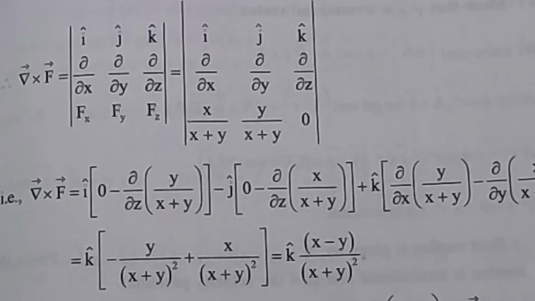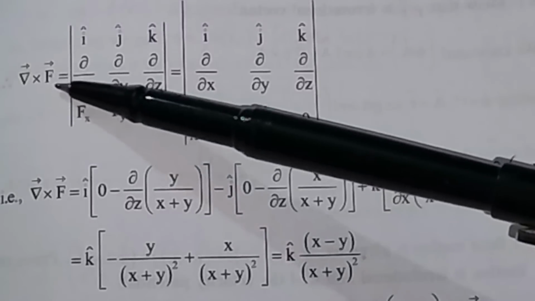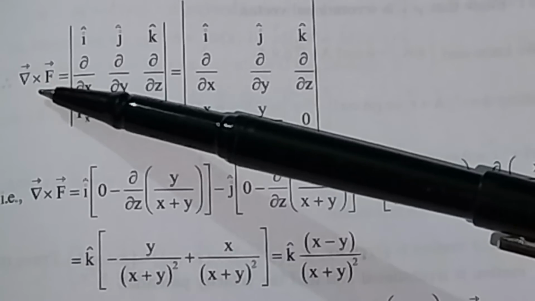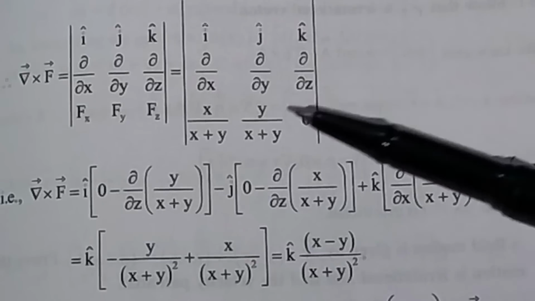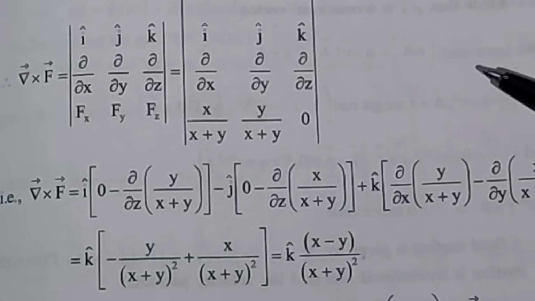To find the curl of the vector, we have to take the cross product of the del operator with the vector f, and we know the del operator is given by i cap partial derivative with respect to x plus j cap partial derivative with respect to y plus k cap partial derivative with respect to z.